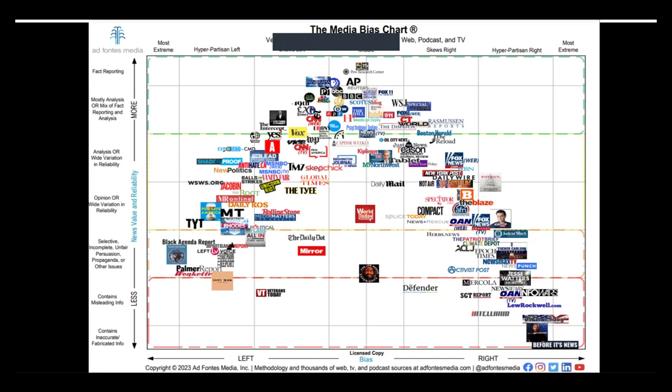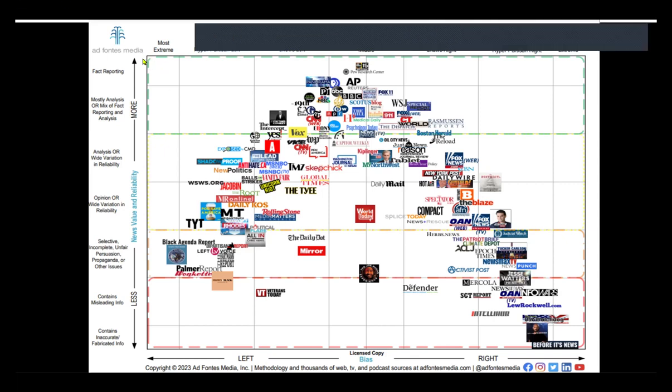That placement could change next month if 10 articles or whatever come out with a different lead, for example, or a different level of reliability. There's an app, you can have it on your phone, you can use it for whatever you're looking at. From top to bottom, at the top is typically straight fact reporting, no opinion at all.